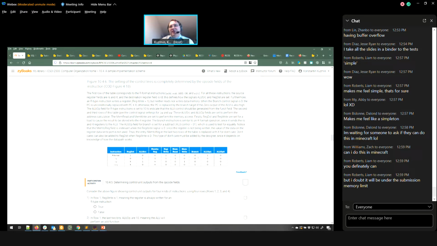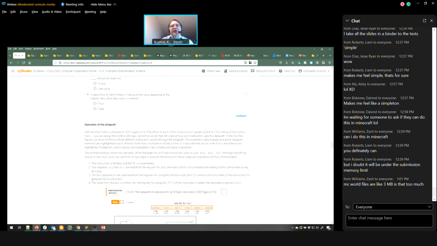So you can look at it as a very simple truth table, and based on this, you can do something similar to K-map minimization, and come up with an expression that would tell you how to generate each of those control signals. And this is something that you need to implement in your project. If you think about it, it really comes directly from this table. So there's a lot of useful data in this table.